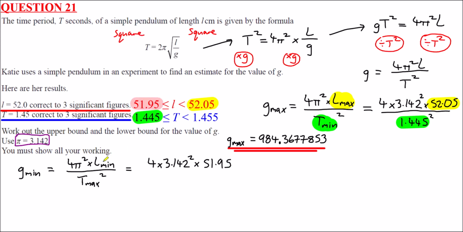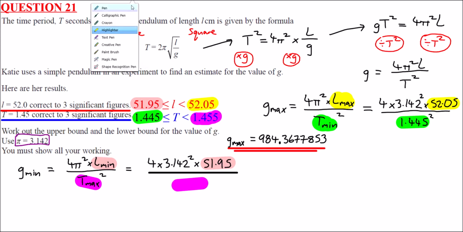Just going for that one here now for L min. And then T max at the bottom, the maximum value of T can be is 1.455. So that's what we put in for T max at the bottom, 1.455, all of that squared.